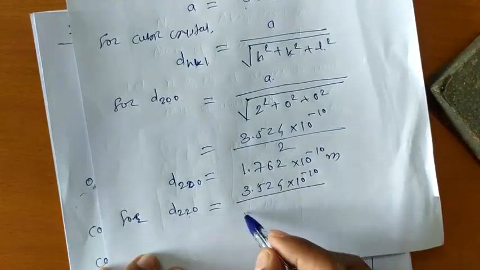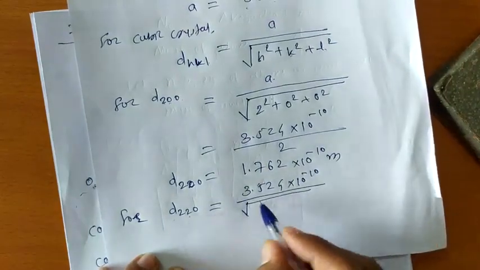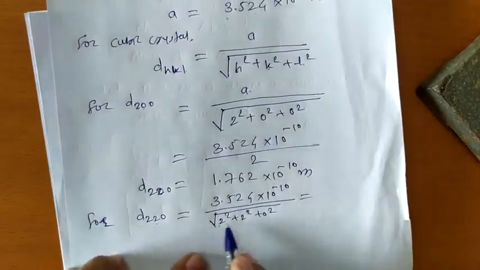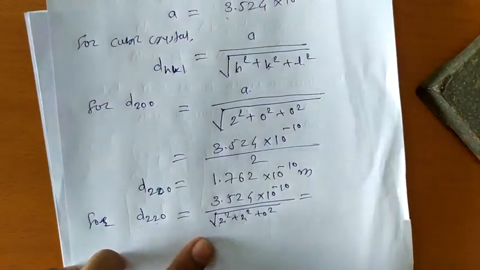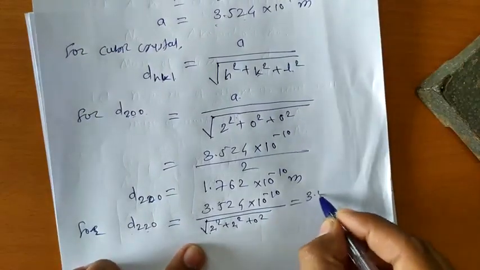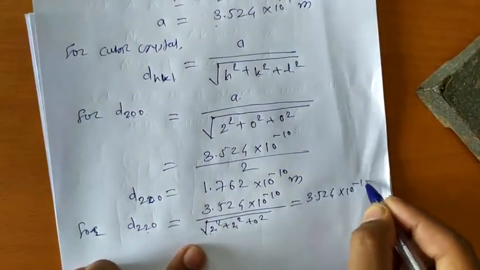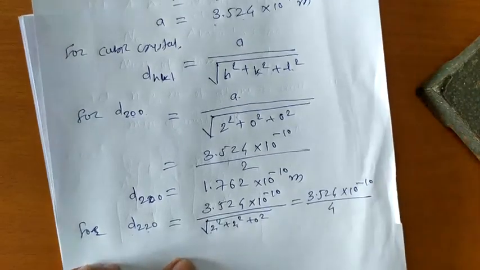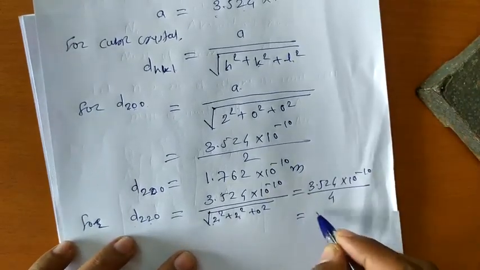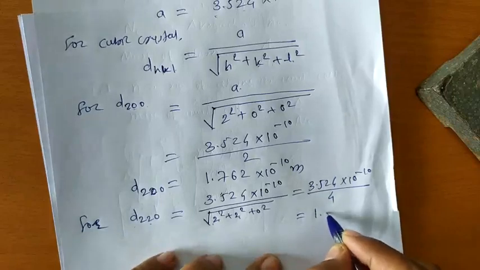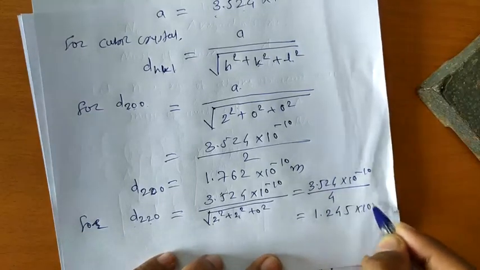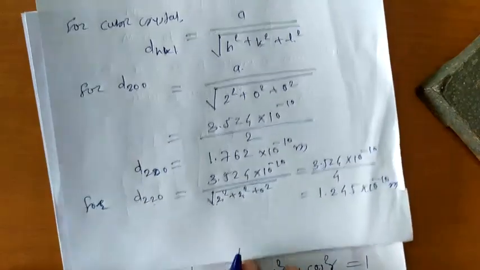Under root of 4 plus 4 is 8, that is त्याच्यामधून बाहेर निघाला तर 3.524 into 10 raised to power minus 10 upon under root 8. Therefore we get 1.245 into 10 raised to power minus 10 meter.